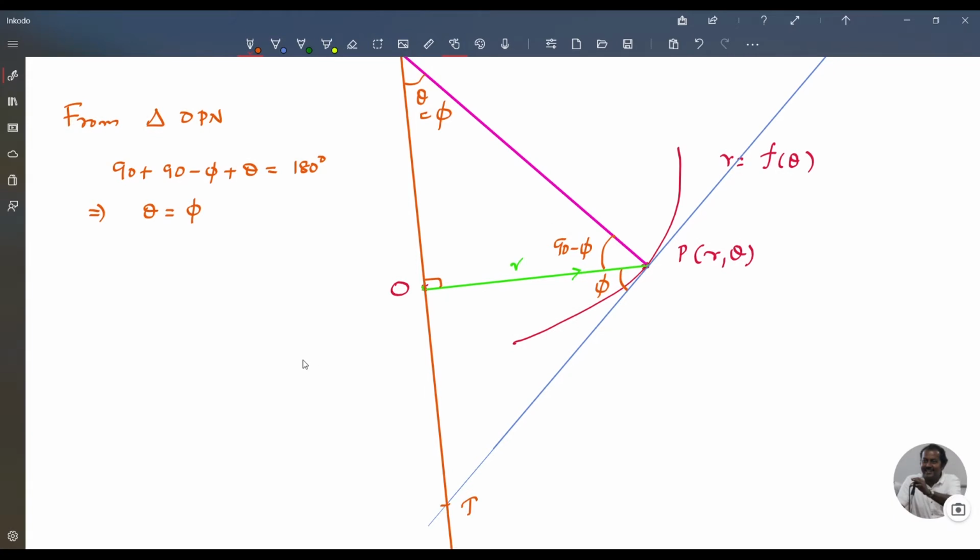And from our previous discussion, you know that tan phi is equal to r d theta by dr. Now consider the triangle TOP.